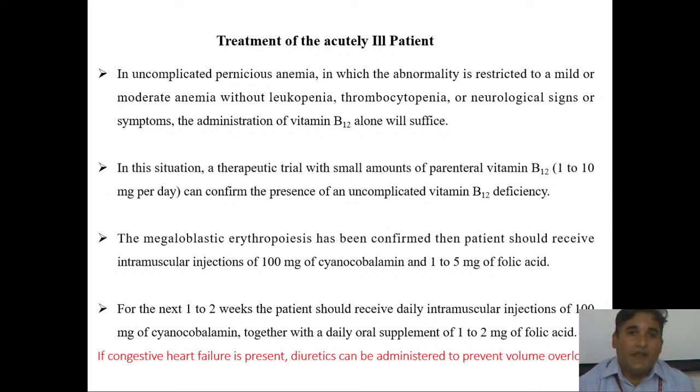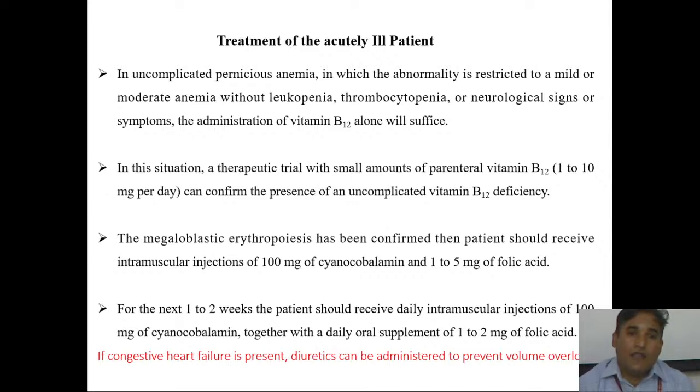Now comes the treatment. In uncomplicated pernicious anemia, in which the abnormality is restricted to mild or moderate anemia without leukopenia, thrombocytopenia, or neurological signs or symptoms, vitamin B12 is sufficient to treat this type of uncomplicated pernicious anemia.